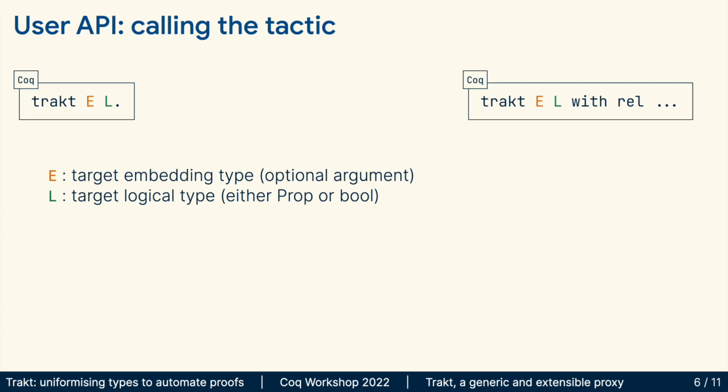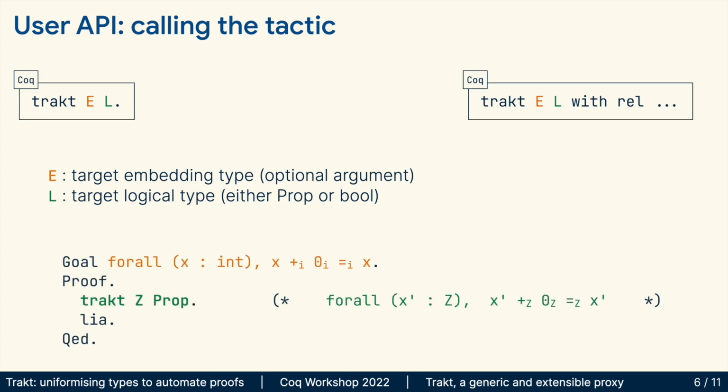It allows users to add relations based on locally defined types, directly in the proof, which adds even more flexibility. And here's the example of a call to Trakt before lia, and the goal was not provable at first, and it becomes provable after running Trakt.